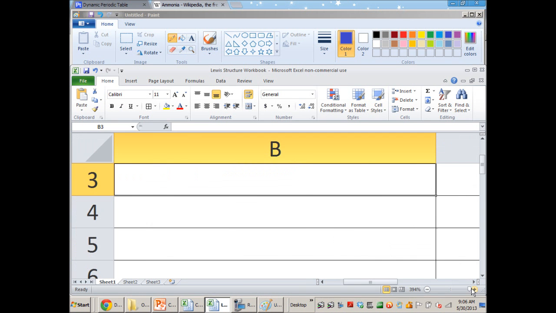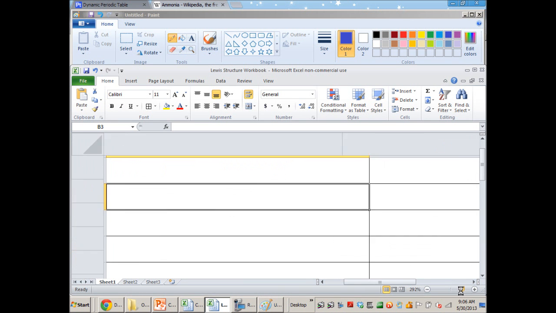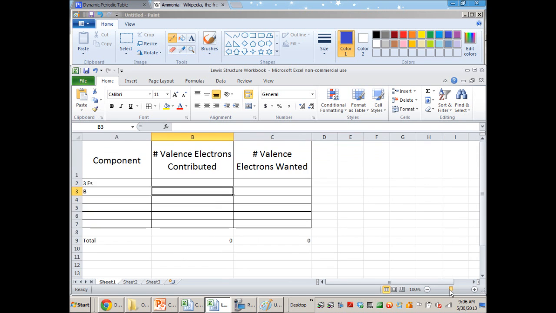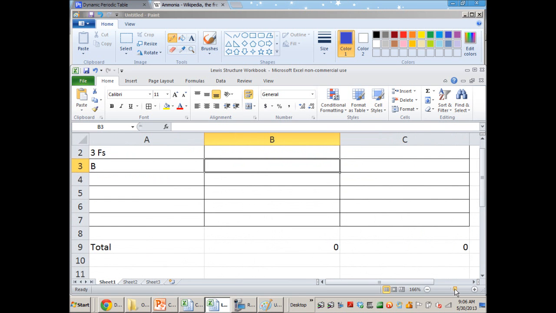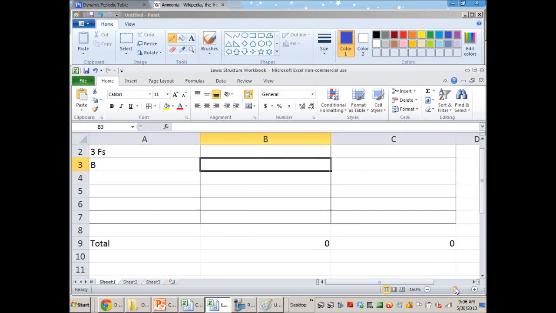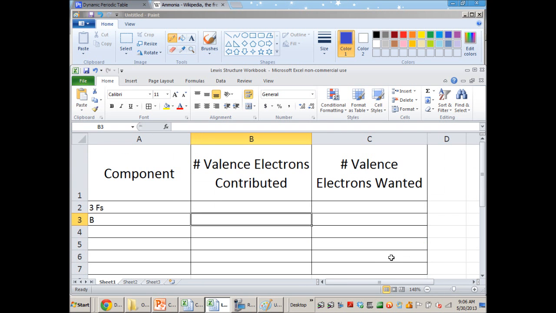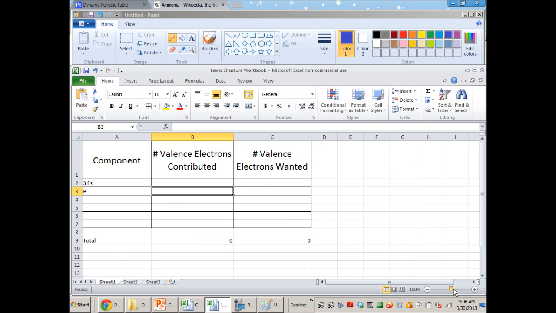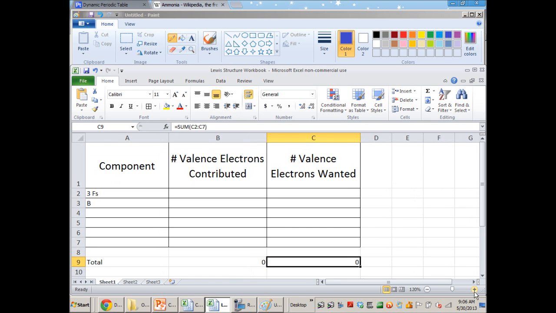Okay, so what I can do is try to get the size of this thing right. Oh well. So each fluorine has 7 valence electrons. And notice I'm not talking about total electrons, I'm talking about valence electrons.